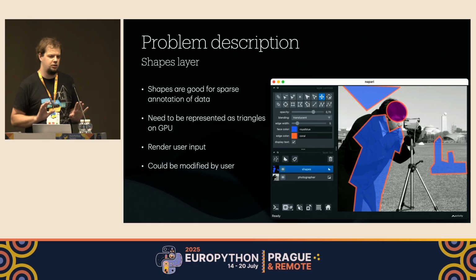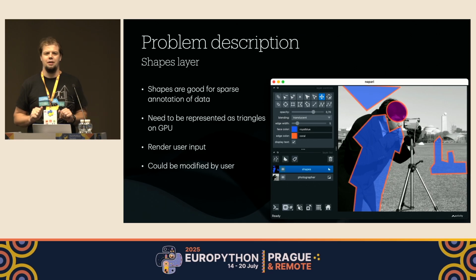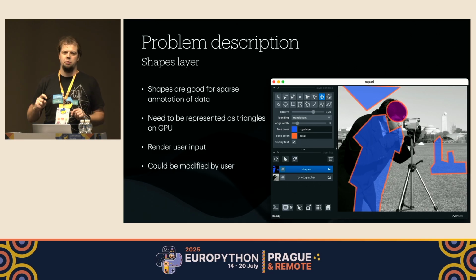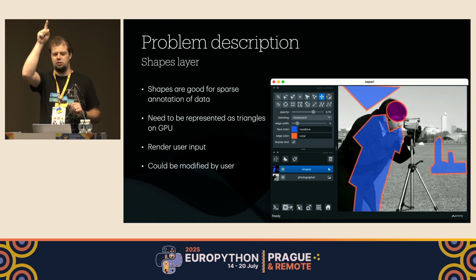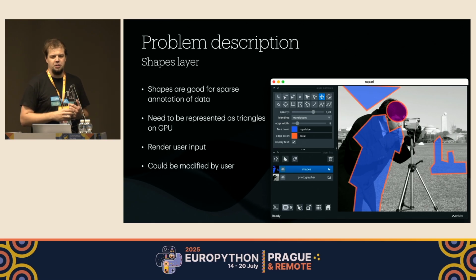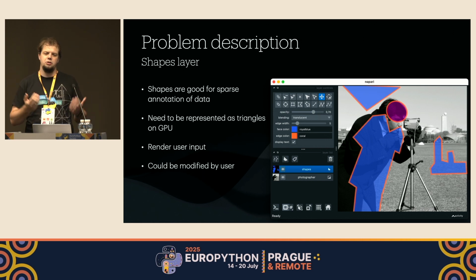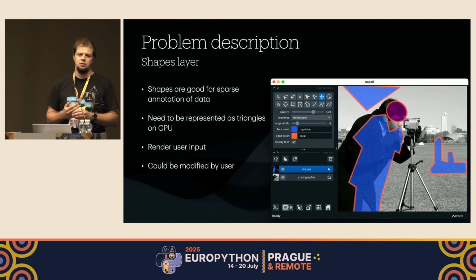Moving a point is most often not a big deal, but the person could think, I need an additional point, because there should not be a straight line but something changed. So we have two things. The first is loading the data. The second is responsiveness of the interface on modifications.